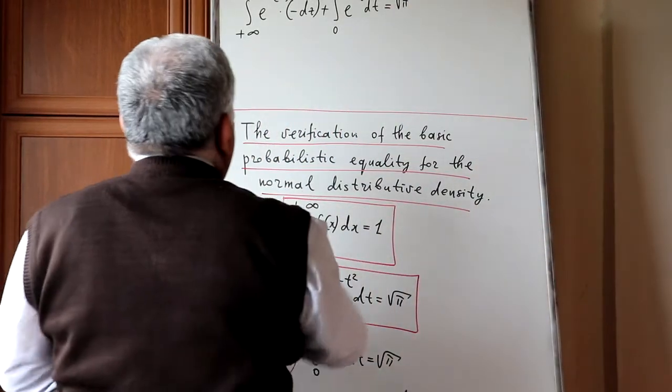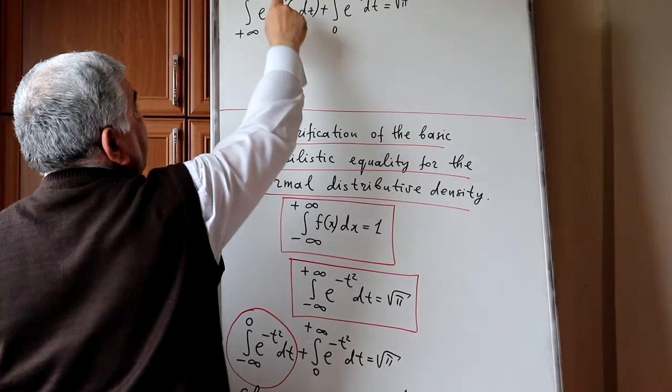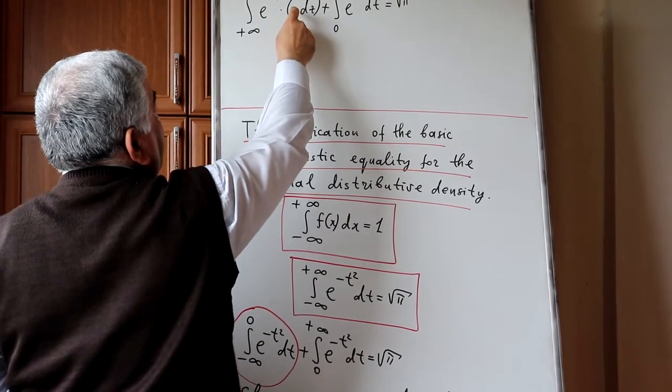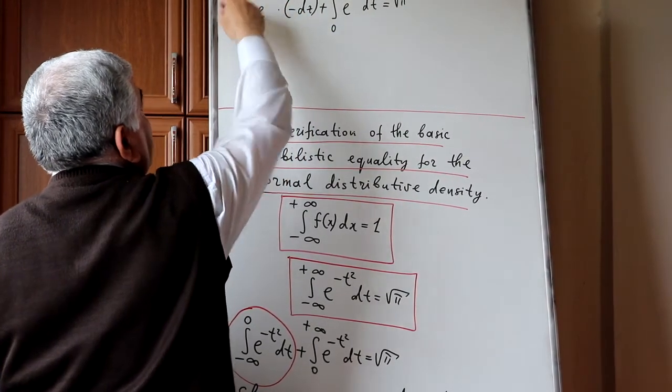Then here minus z squared is simply z squared, and the negative sign can be taken out of the integral symbol.